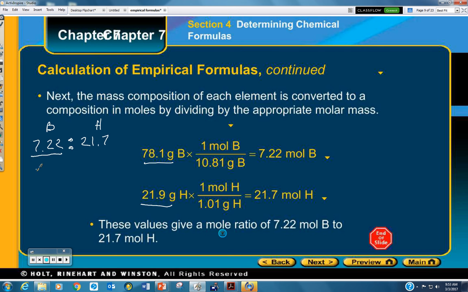If I divide them both by the smallest molar value, boron is going to be 1, and 21.7 divided by 7.22 should be pretty close to 3. So I have a 1 to 3 ratio. What is my empirical formula for this? BH3. That's pretty much it.